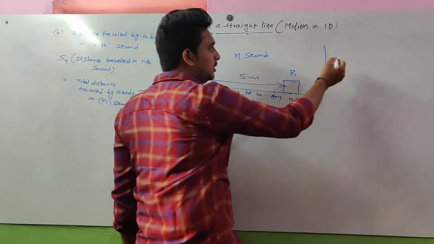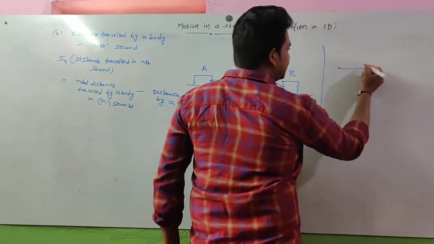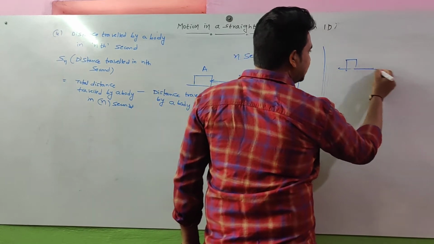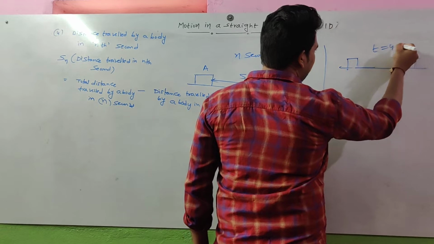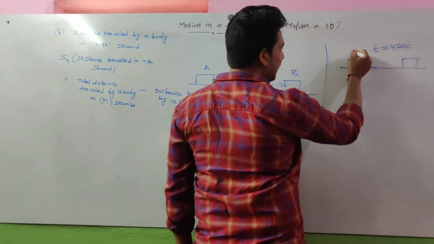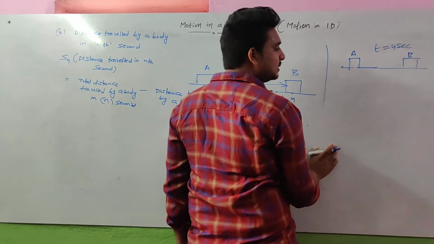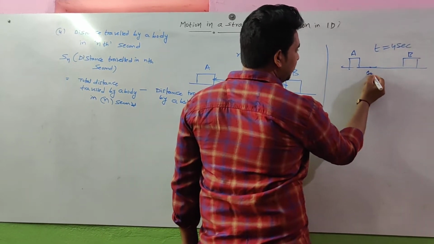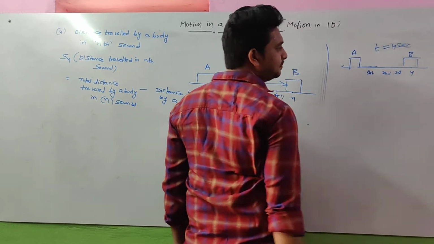Observe carefully. The body travels like this. Consider a body that travels for 4 seconds. The total time taken for the body is 4 seconds. This is A and this is B. This is the first second, second, third, and this is the fourth second.